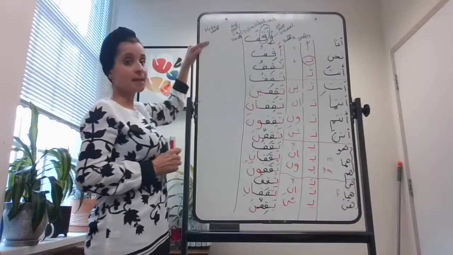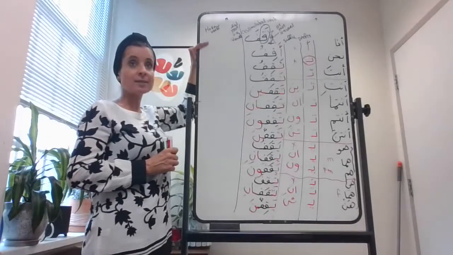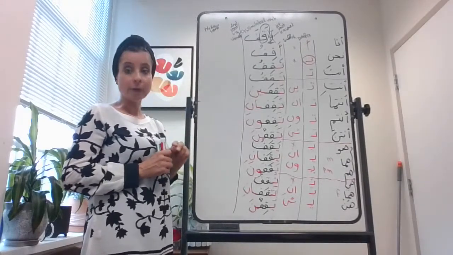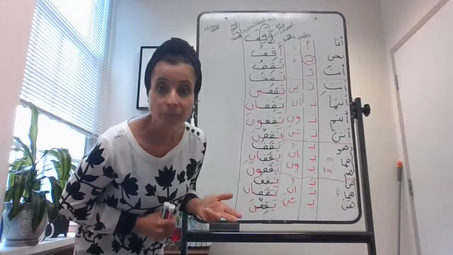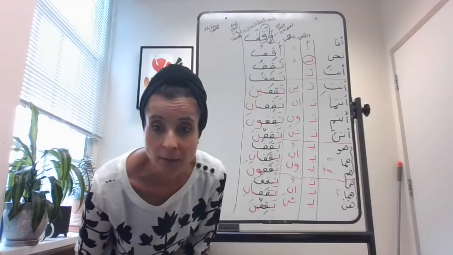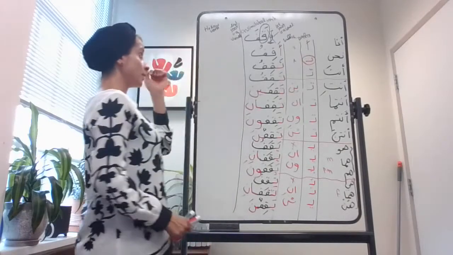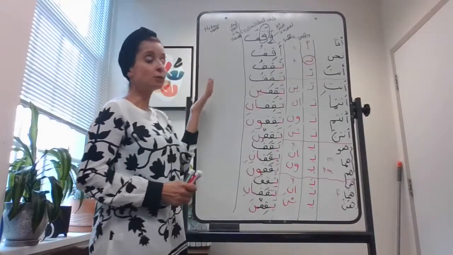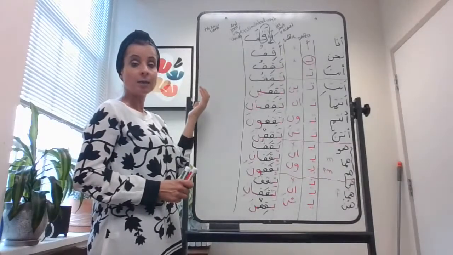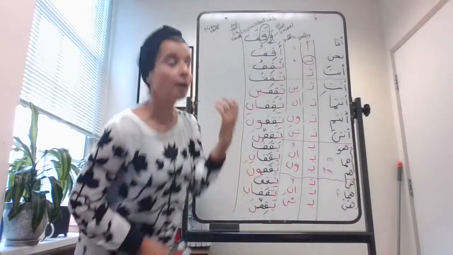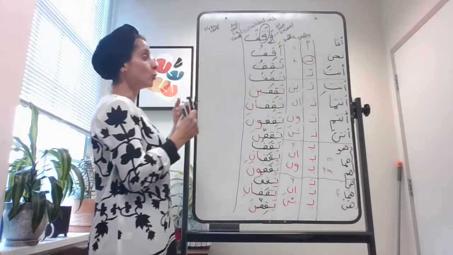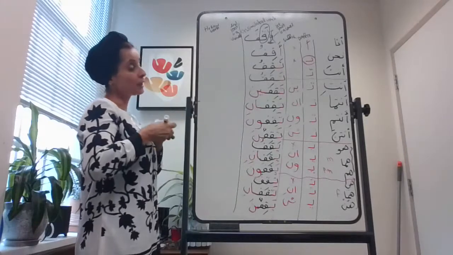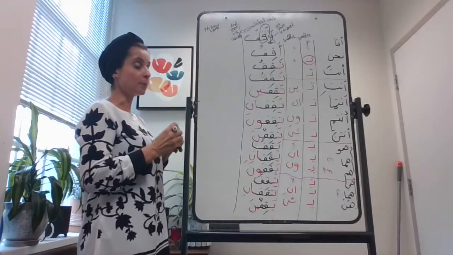Now we have a second type, when the second root is a vowel, and the vowel could be alif or waw or ya. One of the examples I'm going to use, I have to show you three different examples.